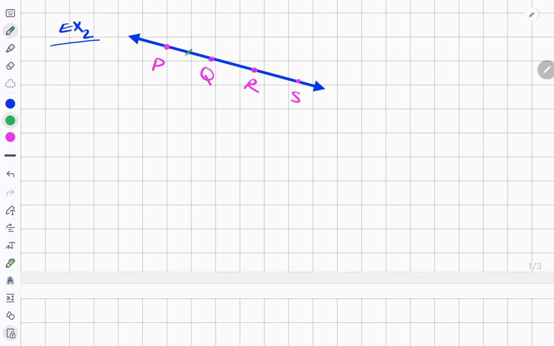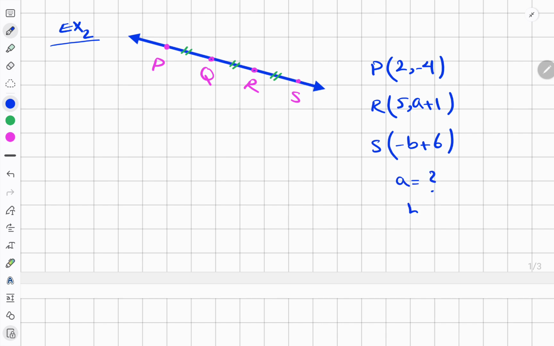So we know that PQ equals QR equals RS. And we are given that P is (2, -4), R is (5, a + 1), and S is (-b, 6). And we are looking for values of a and b.